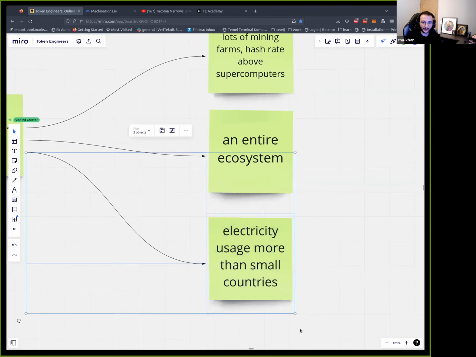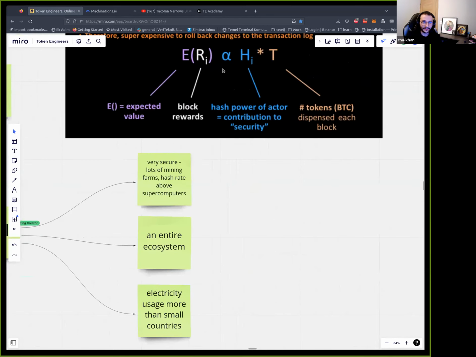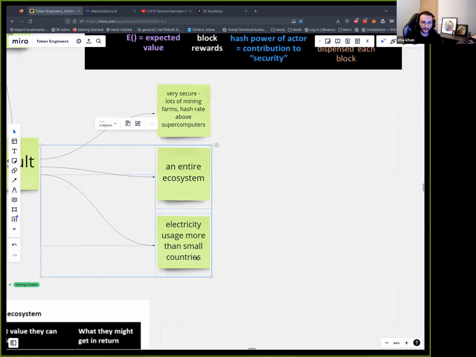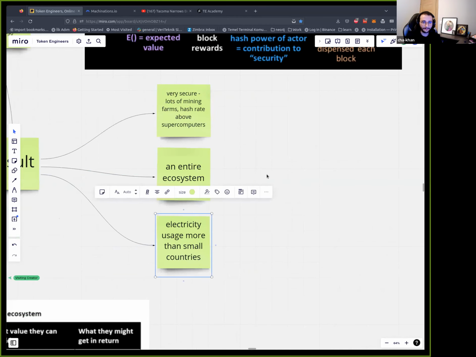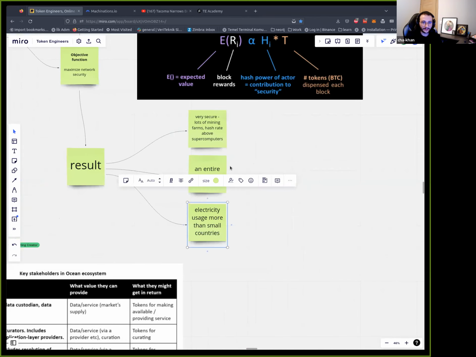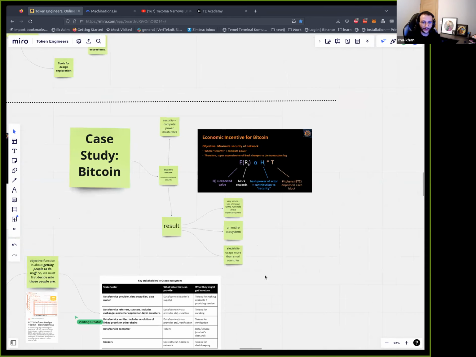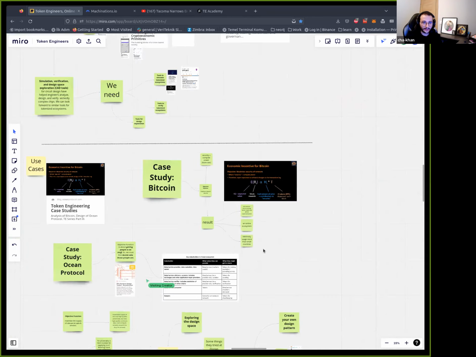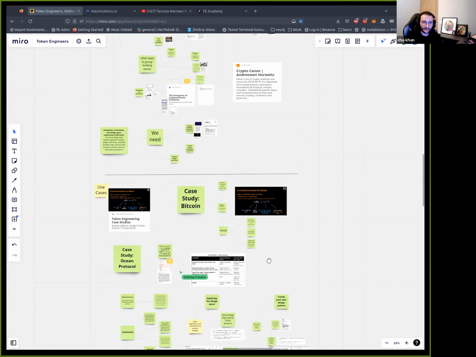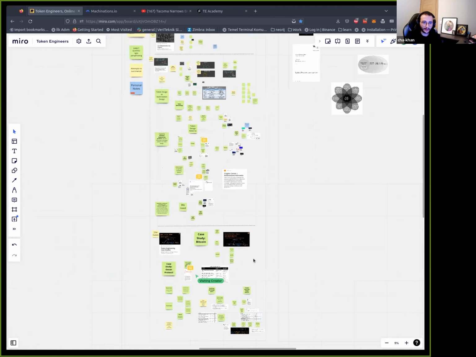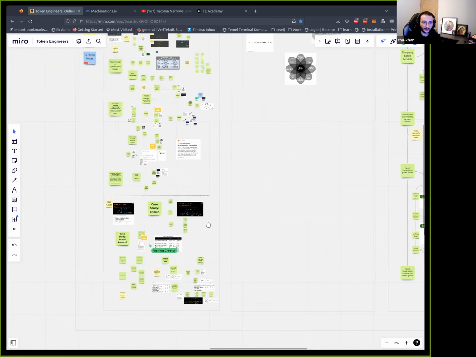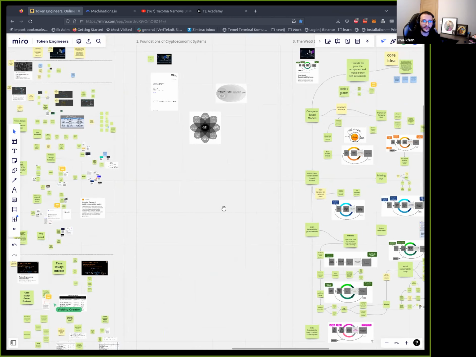If there was a constraint in this equation, maybe the electricity usage would be lower. But since it's not constrained and it's just maximizing network security, we have an issue with electricity usage in Bitcoin. It could have been better engineered, but it's difficult to do this in 2008 when we had no knowledge about any of this.